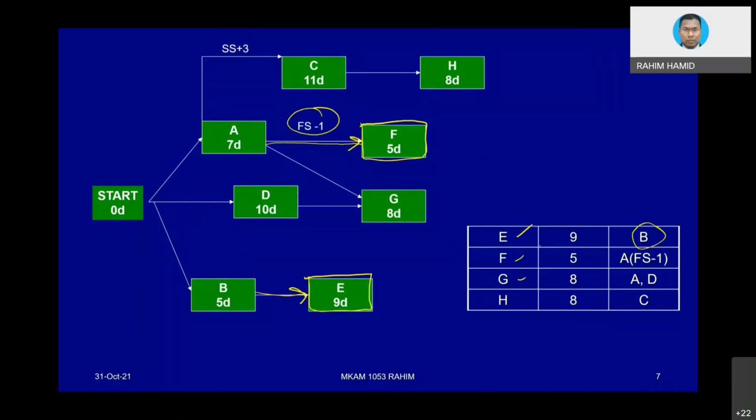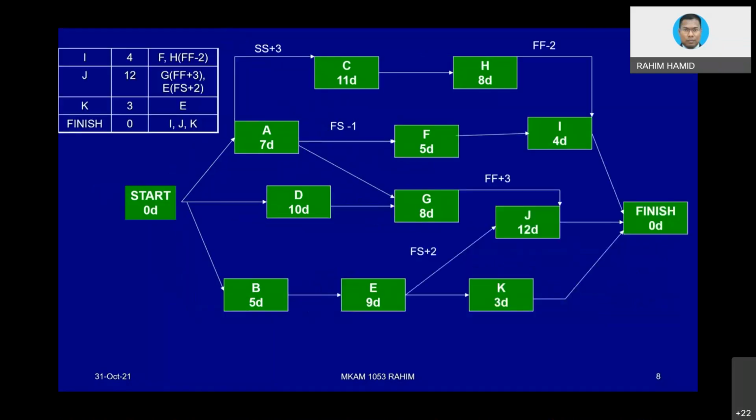G does have two activities, A and D. D is already here and A is already there, so you just need to connect. And H, you connect from C. Okay, almost there. And lastly, a few activities.